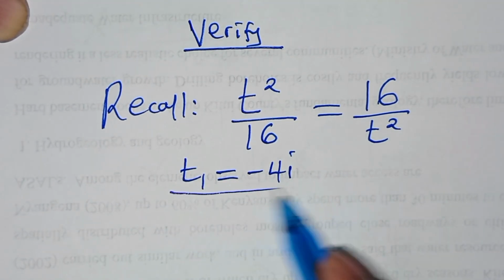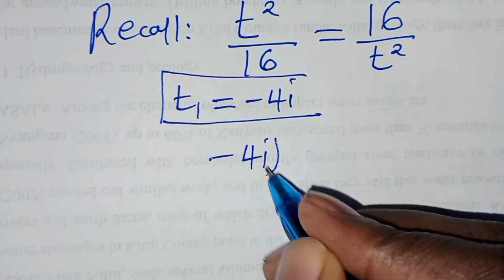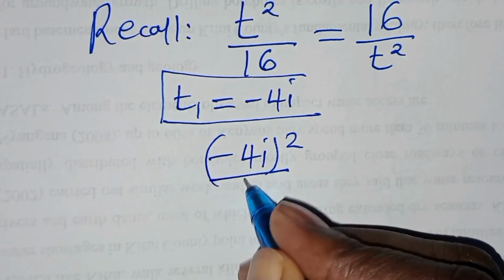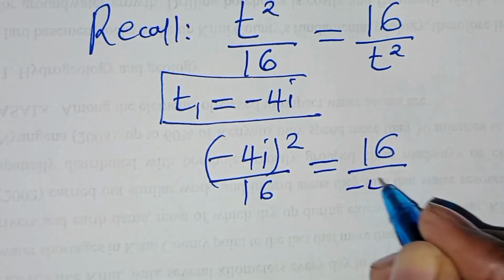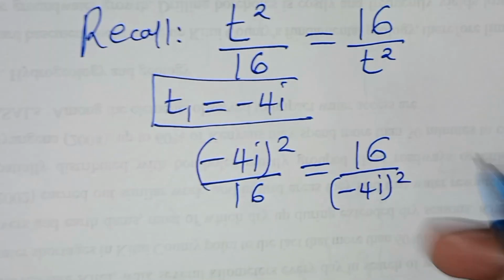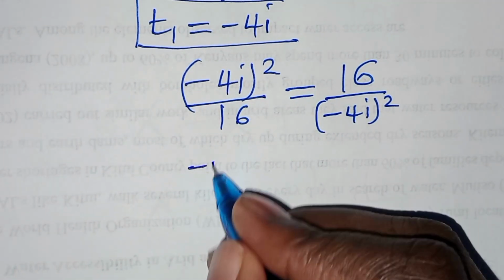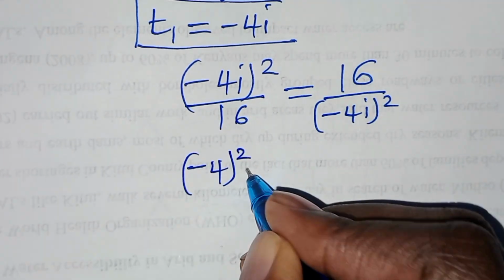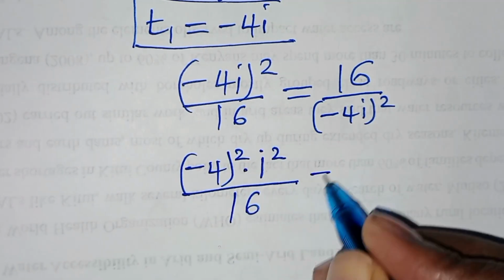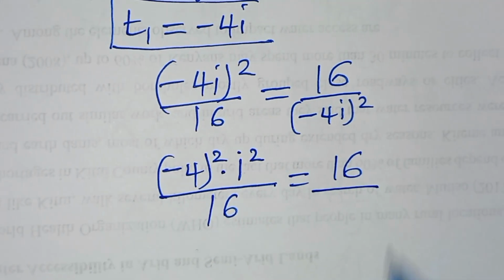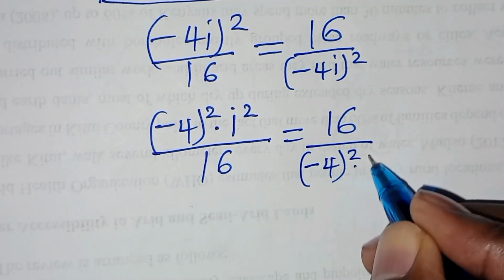Let's substitute this, so that now we'll have minus 4i squared divided by 16, equal to 16 divided by minus 4i squared. So minus 4i, this is the same thing as minus 4 squared times i squared.